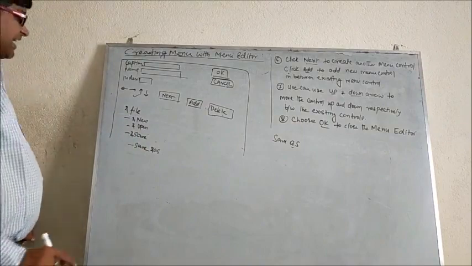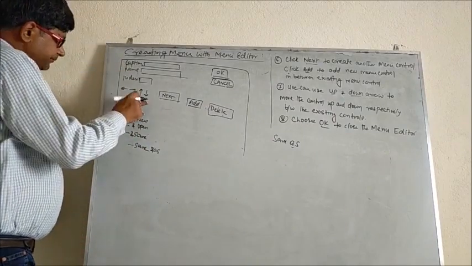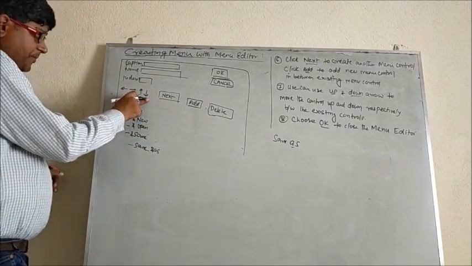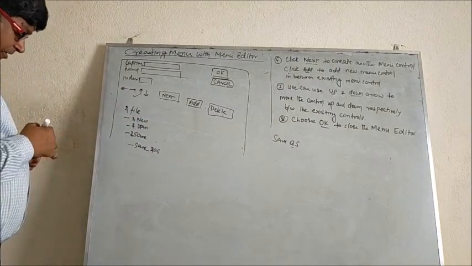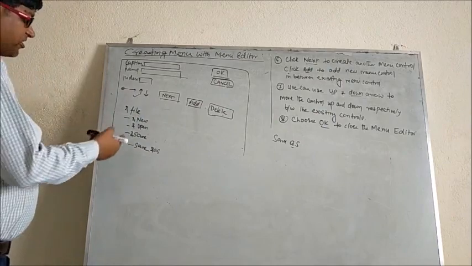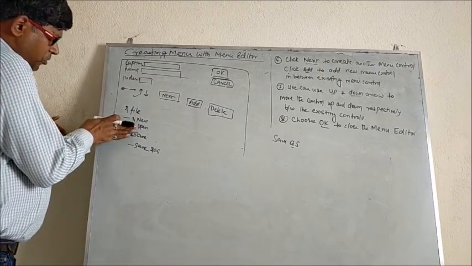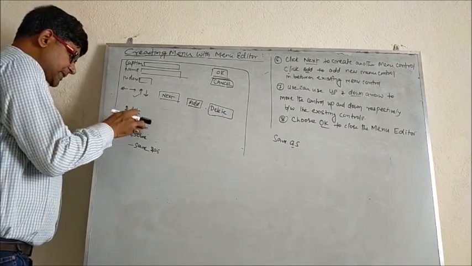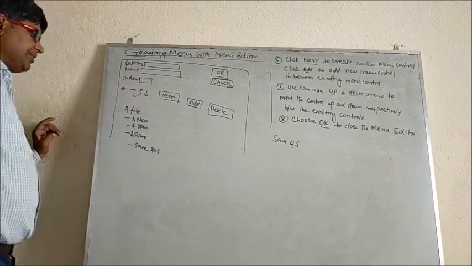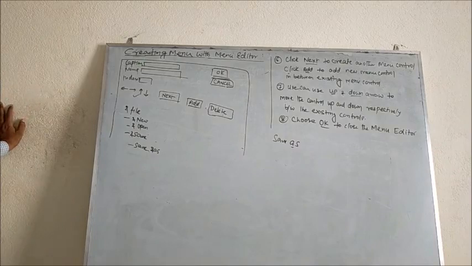So I think I have given you a good example of how we use the up arrow and down arrow. Similarly, the down arrow can also be used. Suppose you want to shift Open from this place to this place, so you will use the down arrow key, right? Next, I was telling about Add.